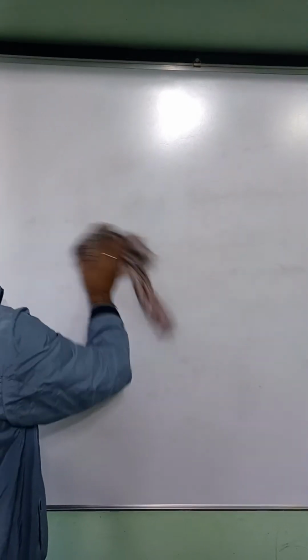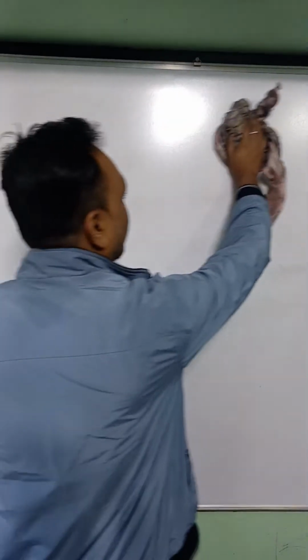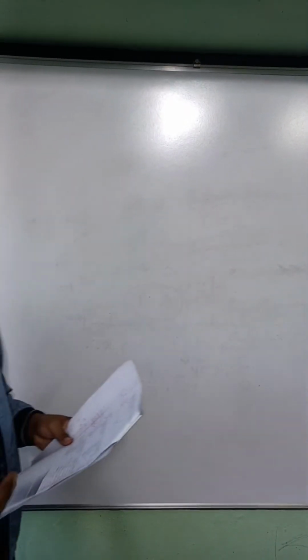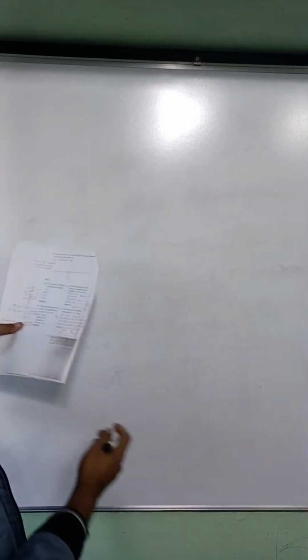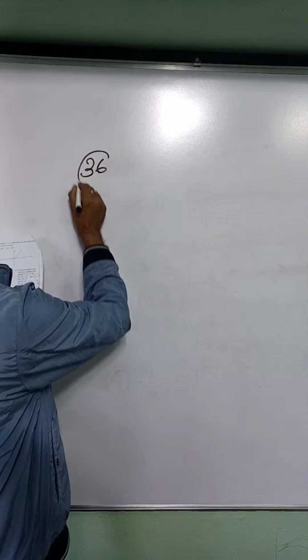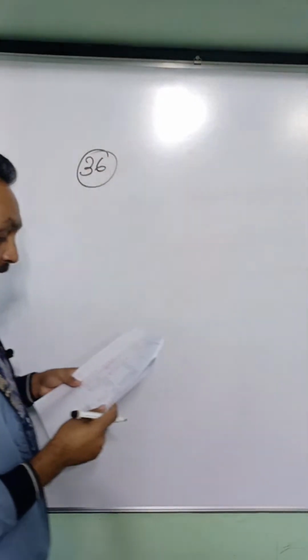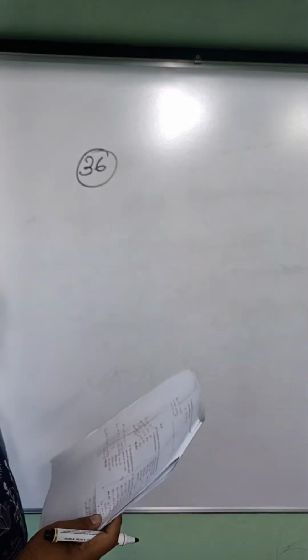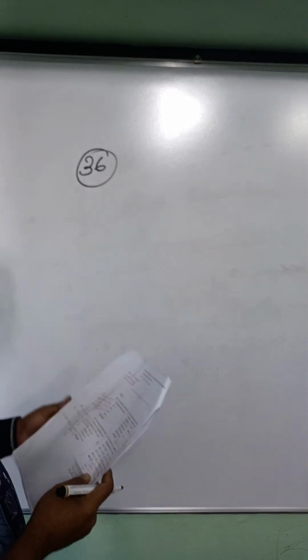All the 30 MCQs will come from this question booklet only. So no need to read extra things. So out of 30, there is a chance to score 30 marks from all the MCQ questions, right?